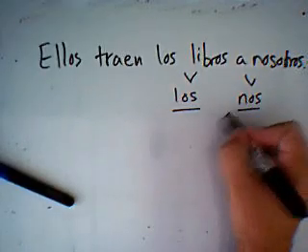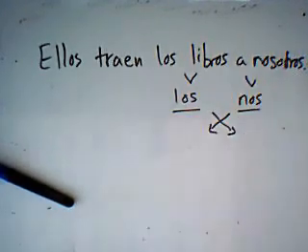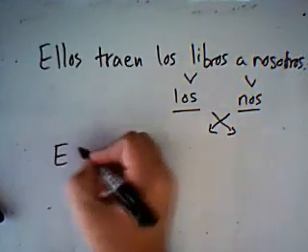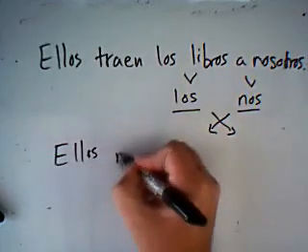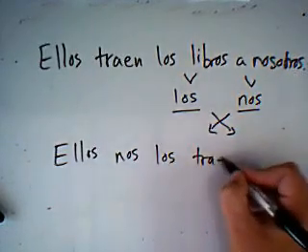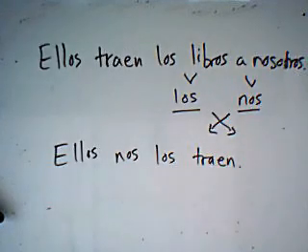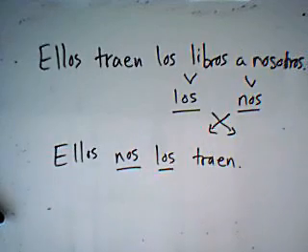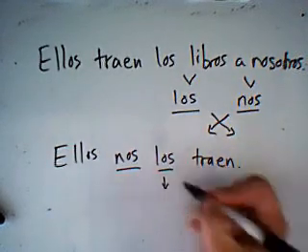And then when we put these into a sentence, we're going to reverse the order so that the indirect object pronoun comes first. Okay, so it's going to be ellos nos los traen.